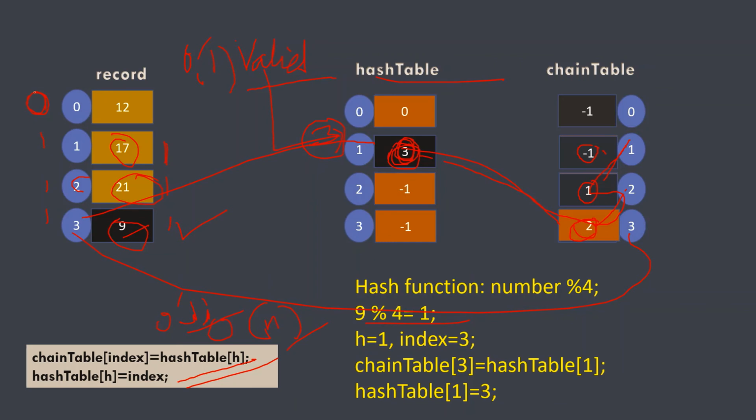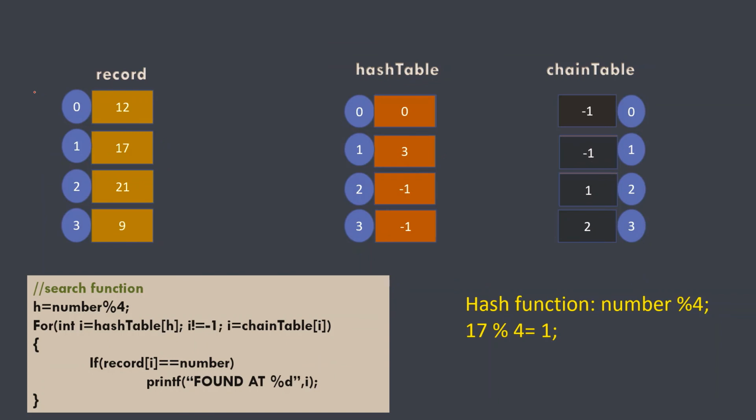Now if you want to see what the source code or the pseudo code for the search operation will look like, I have taken a search for 17. If I am searching for 17, what you will do is calculate the hash value of 17. It will come out to be 1. So our h is 1, so i is equal to hash table of 1. Hash table of 1 means 3, so i is equal to 3.